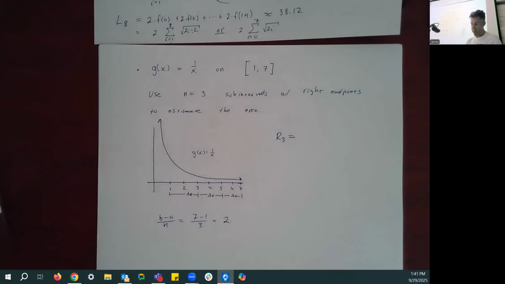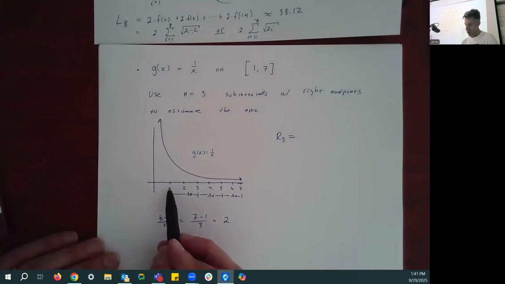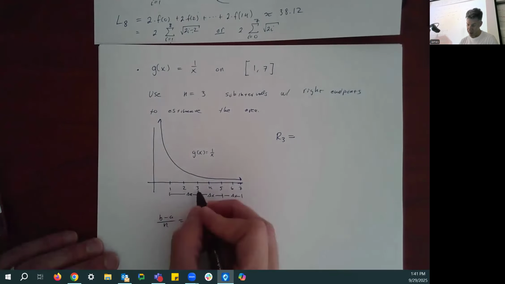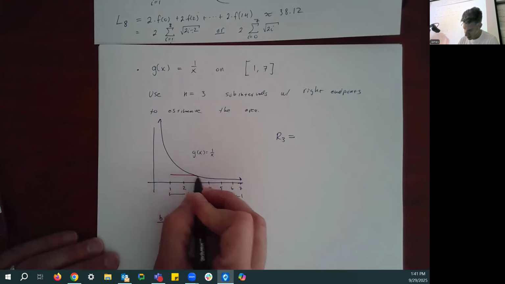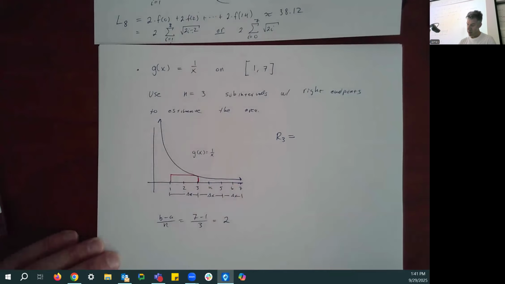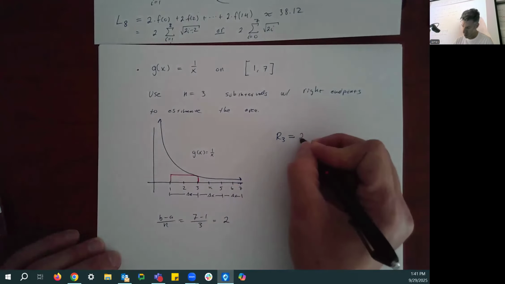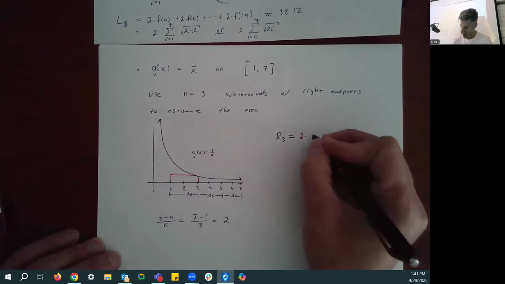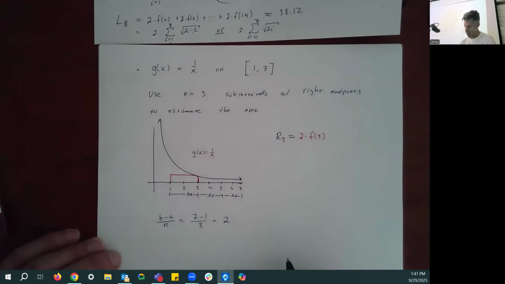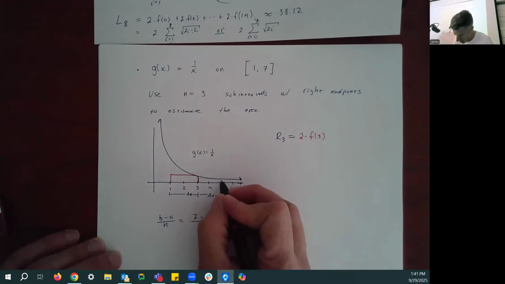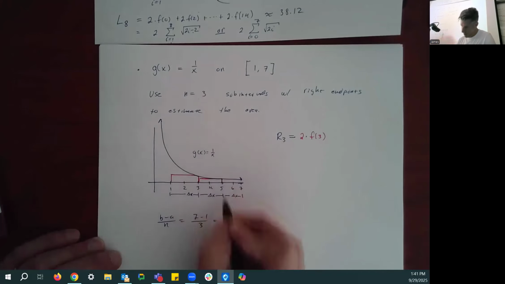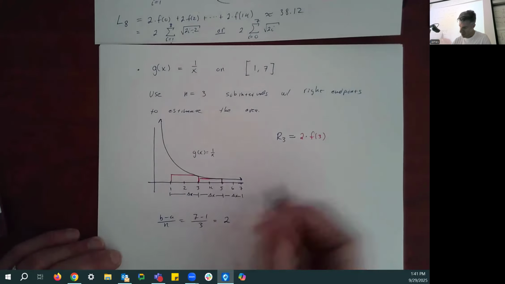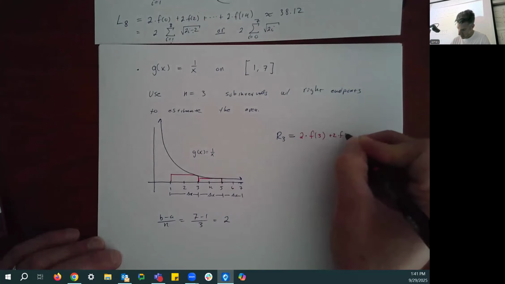So using right endpoints, if I'm on the interval from 1 to 3, my right endpoint is definitely 3. And when I plug in 3, my height looks like that. So there's my rectangle. It's going to be my base, which is 2, times my height, which is f of 3. And for the next rectangle, my drawing's going to be a little dicey here. I plug in 5, my base is 2, and my height is f of 5.